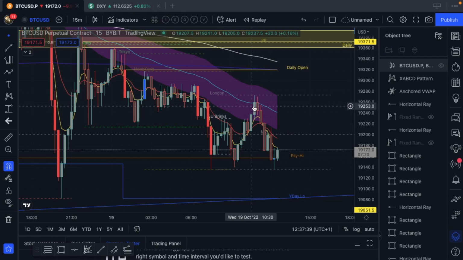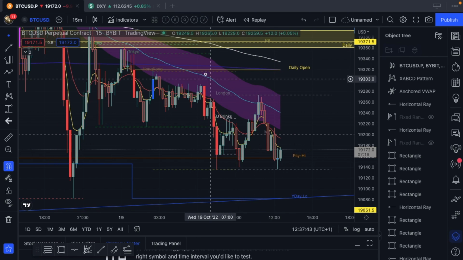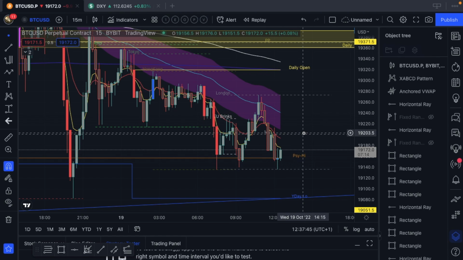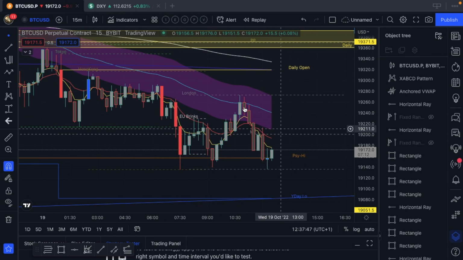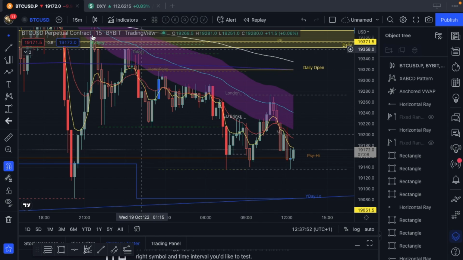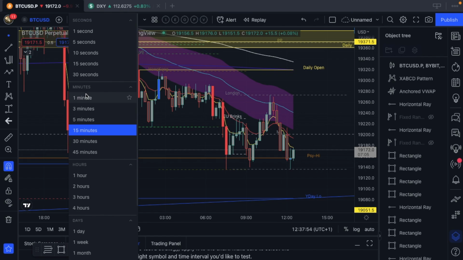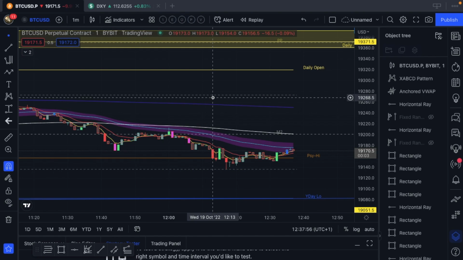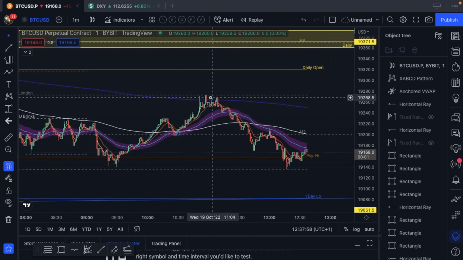And on the 15, we're coming right into the 50 EMA, which is in a steep decline, right? So this is in fact trading with the dragon. However, as we're scalping it, we're looking at the 1 minute time frame. It doesn't really seem like that's what we're doing. It seems like we're countering the dragon.